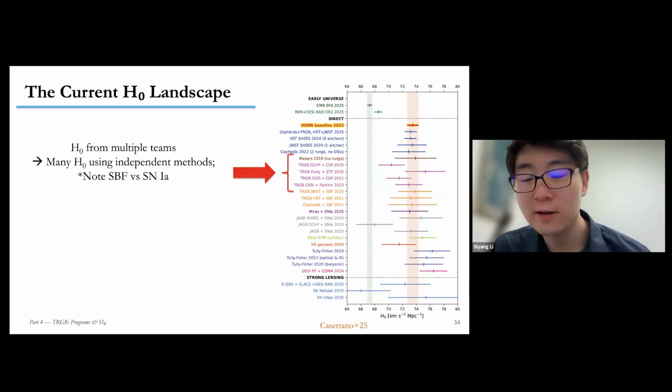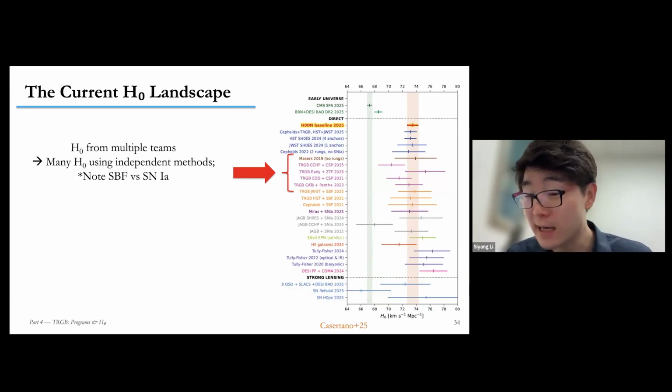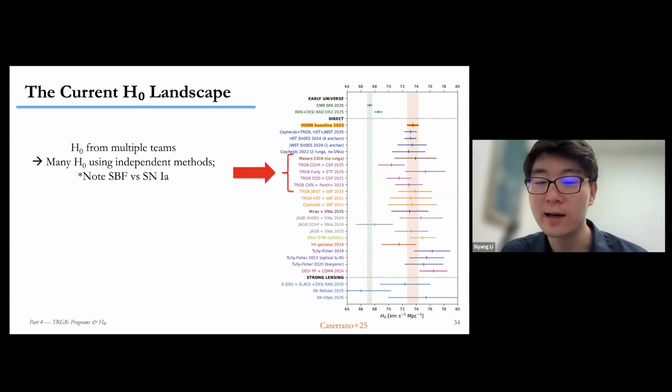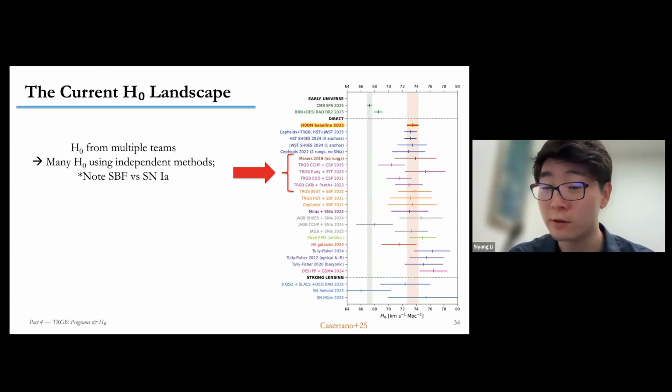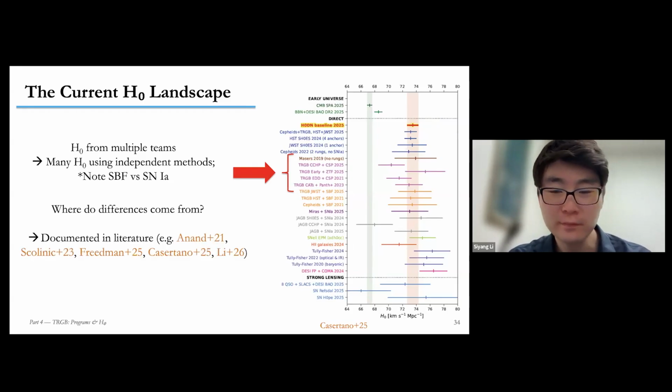I want to emphasize that many times there's a lot of attention given to just one or two groups in local H naught measurements in the literature. But really, as shown here, there are a lot of independent teams working on measuring TRGB-based Hubble constants that are doing really great work too, and are contributing to this investigation.